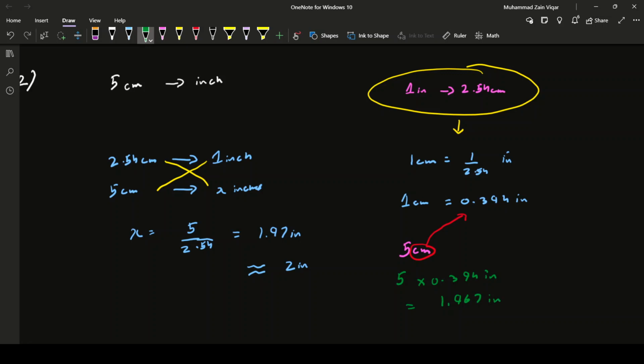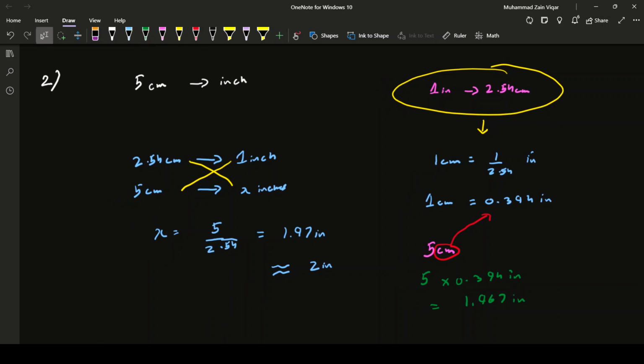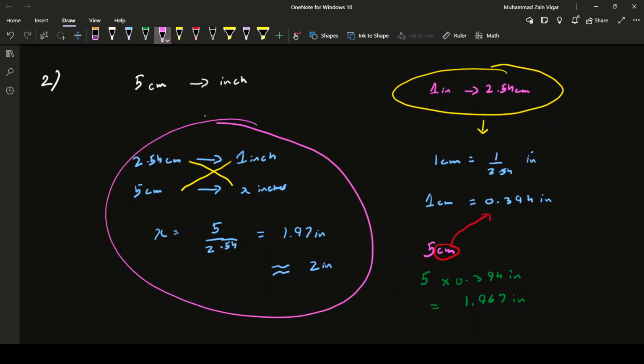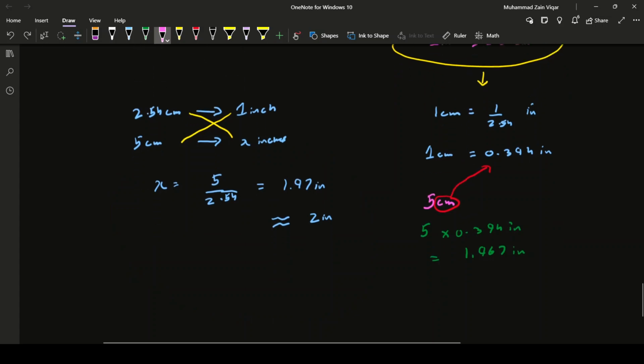So you see, I just converted by changing this centimeter with what the conversion of that centimeter was. So now this is pretty much easy. There are two methods. I personally prefer this, or the other one could also be easy compared to when difficult types of conversions come up.